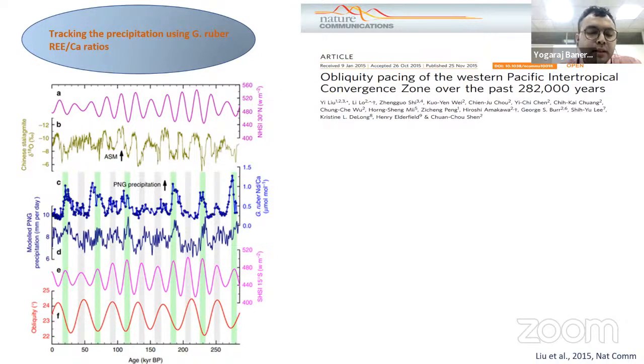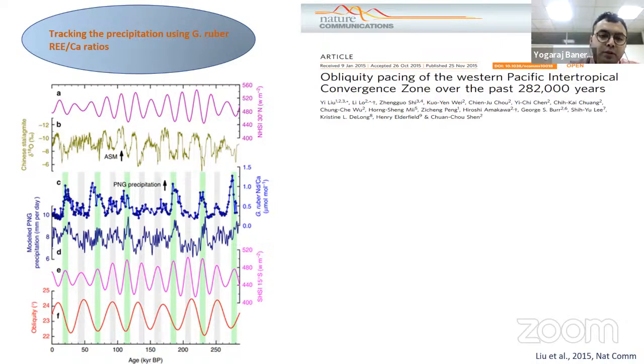As we know, precession is one of the controlling parameters of the precipitation. First let us focus on the southern hemisphere solar insolation at the 15 degrees south location. What we can see is that the green bars represent the time periods when the southern hemisphere solar insolation is high, and that is leading to higher precipitation.